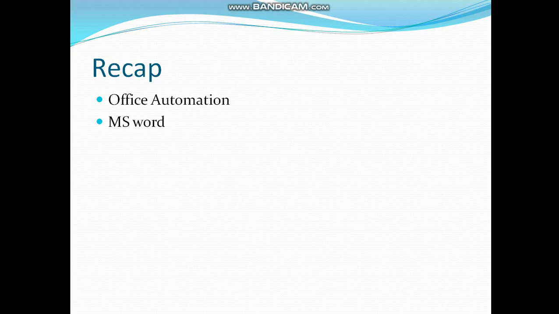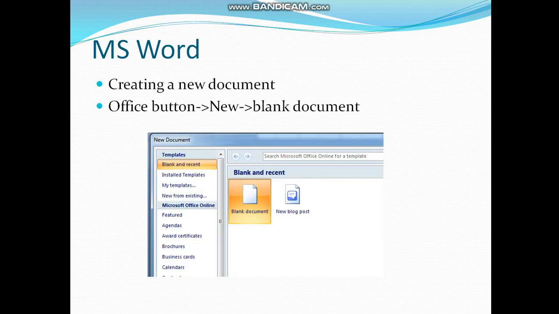First of all we discussed MS Word. MS Word is a word processing software that is used to create, edit and print the documents. And we have studied various components of MS Word like ribbon, tabs, quick access toolbar and so on.